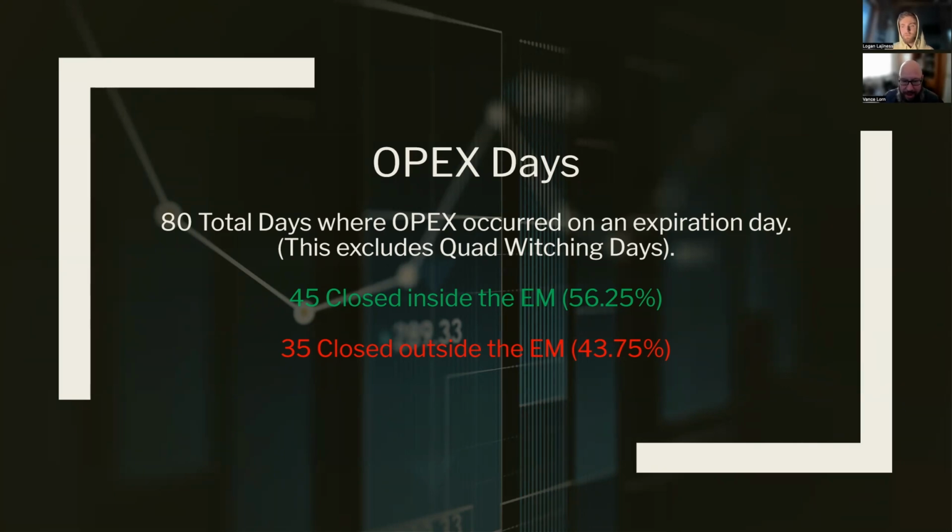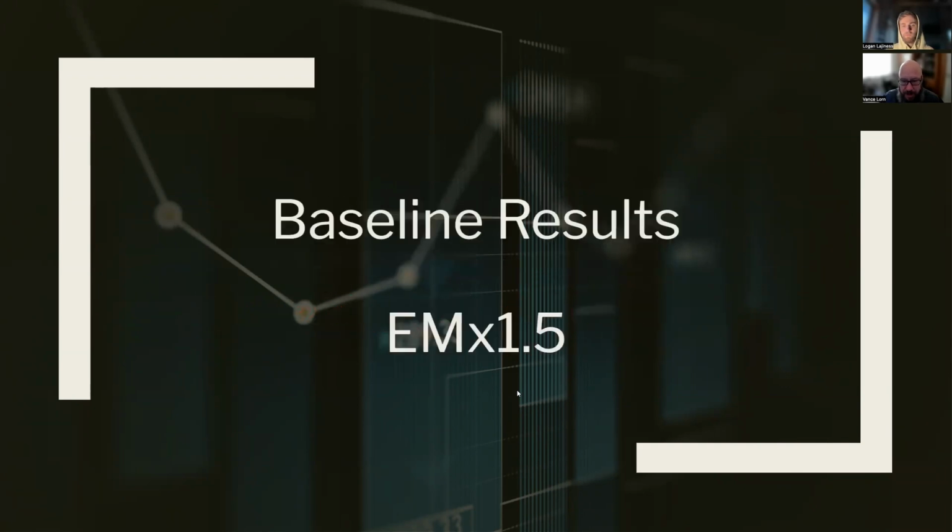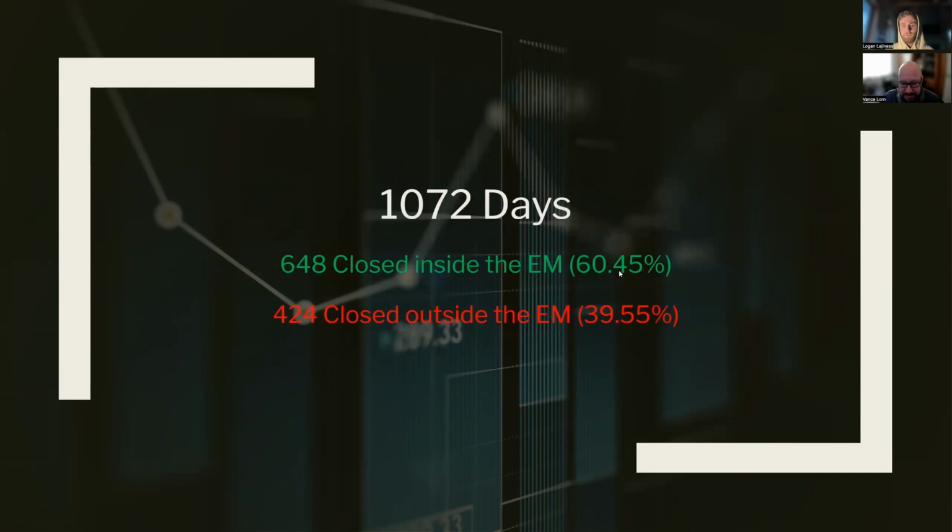But when you look at just this number right here, 60% of the time we're going to close inside of that EM range. What that tells me is that you have to be very careful when you play those morning overnight market moves, because if you place a PCS on the top side of this range, more times than not, it's going to back up and come back inside of the range.